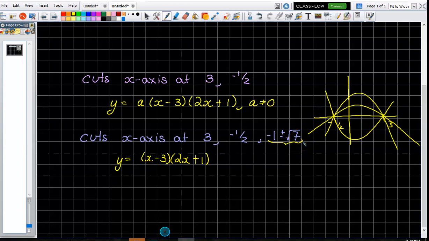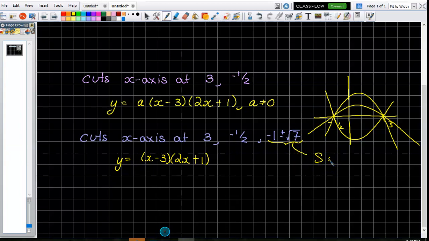What do you mean 2 answers? Positive and minus what? Yeah, they are 2 roots, minus 1 plus root 7 and minus 1 take root 7, but how does that help me get the equation? Not salt and pepper, but sum and product. So we have to go over here and we add the roots together.